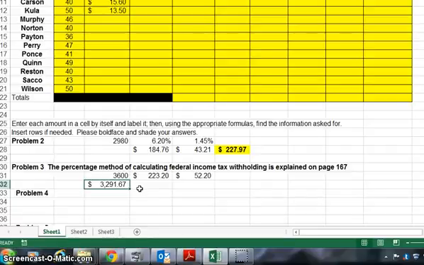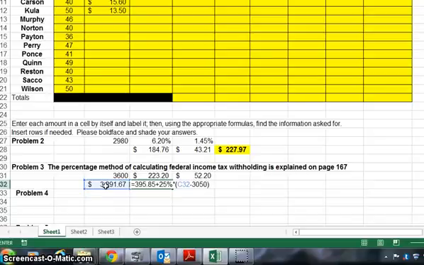And if you'll read straight across, I'll just put my cursor over here and start calculating. $395.85 plus 25% times the excess over $3,050. So we're talking about this amount here minus $3,050.